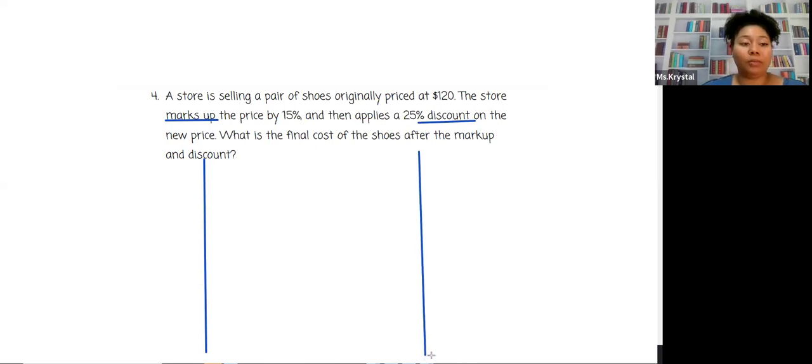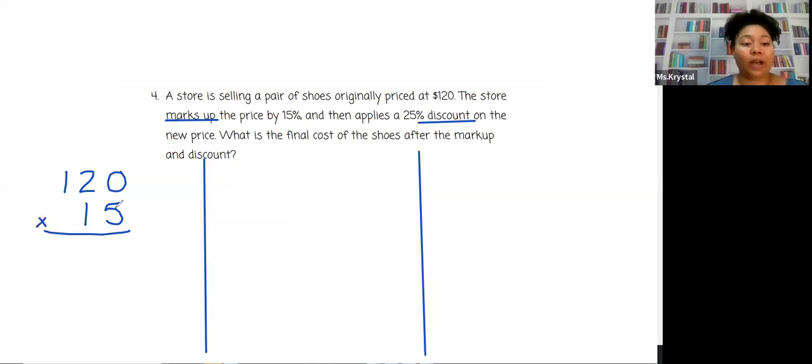Okay, so the original price is 120, but they mark it up 15% of that 120. So we're gonna have to do 120, and I'm just putting some ample space between my numbers, times the 15%. Remember, 15% is 0.15, and then when we take out the decimal, it's just 15.